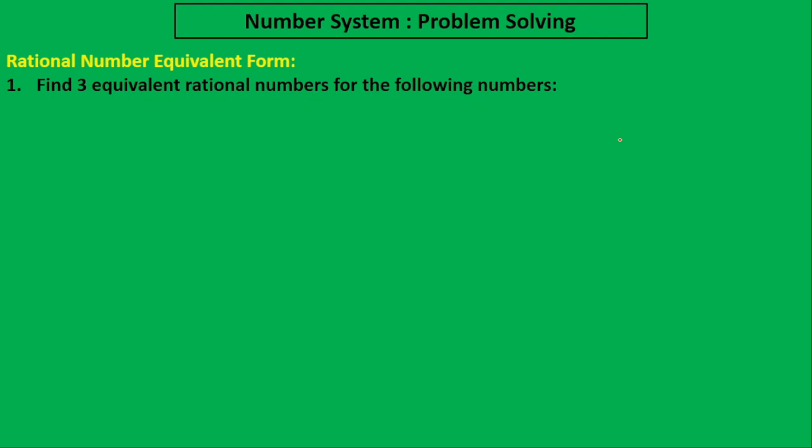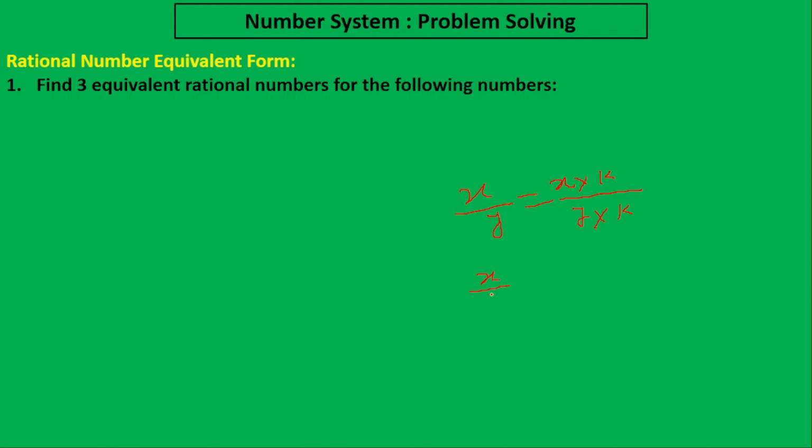Now, rational number equivalent form. We have seen the equivalent form. The question is, find 3 equivalent rational numbers for the following numbers. So the equivalent form: x by y is a rational number, then you multiply k to the x and k to the y, and those are equivalent rational numbers.